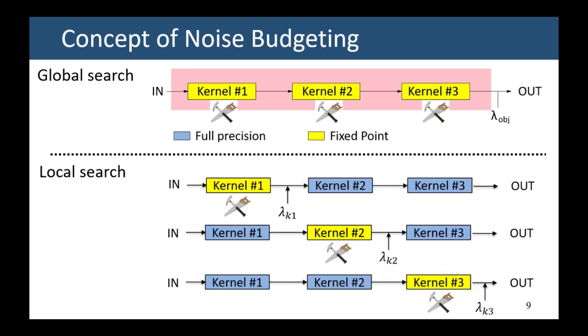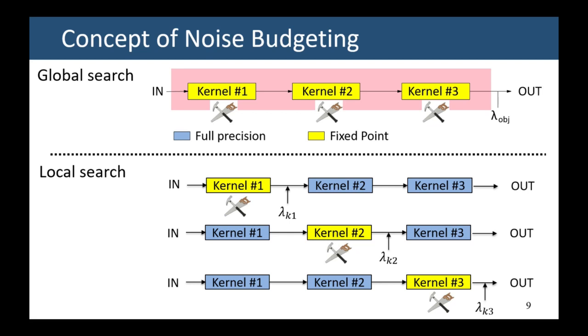Instead, to avoid the high complexity of global search, word length optimization is applied to each kernel independently with the constraints lambda k1, lambda k2, and lambda k3, respectively. We call this way a local search. After this process, we can obtain the local solution that expresses the word lengths of variables in each kernel.